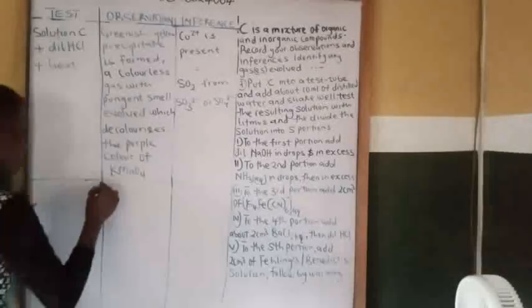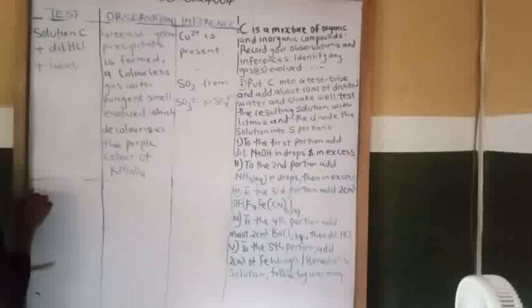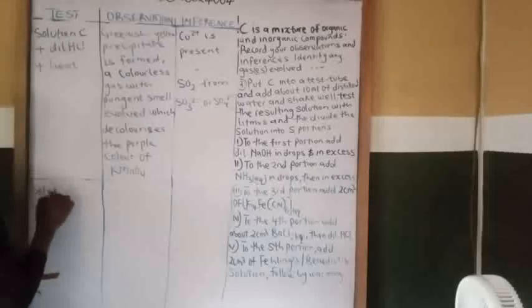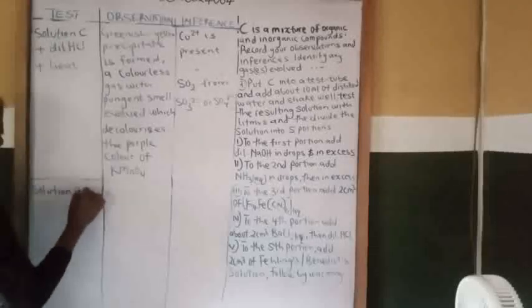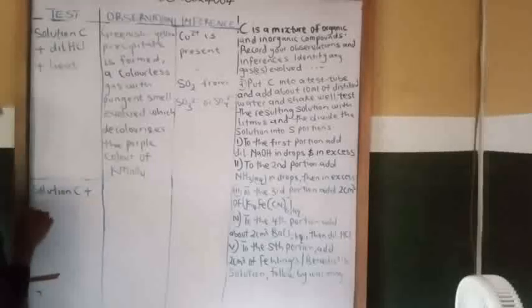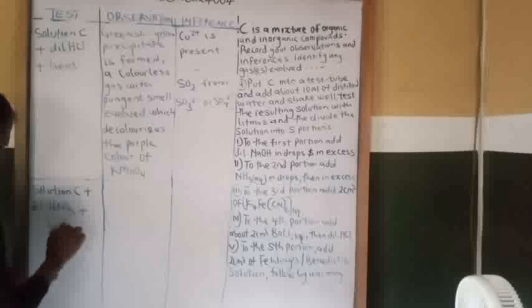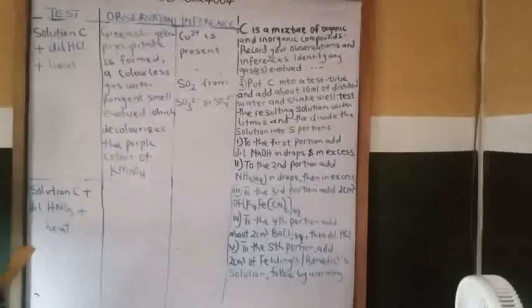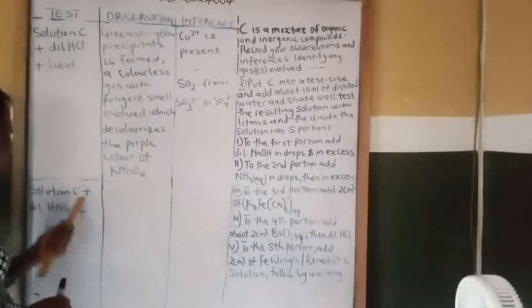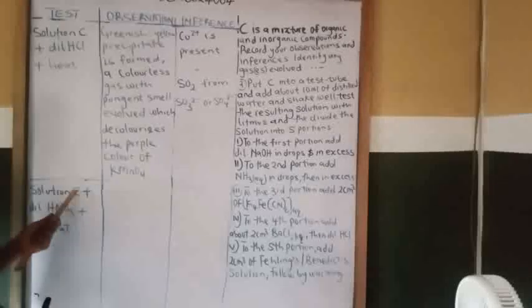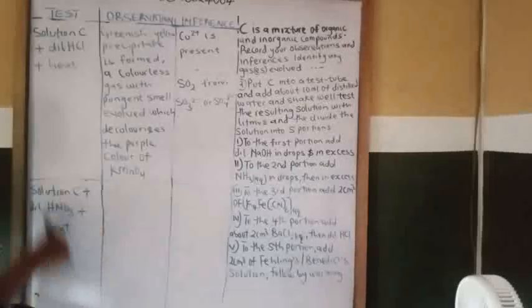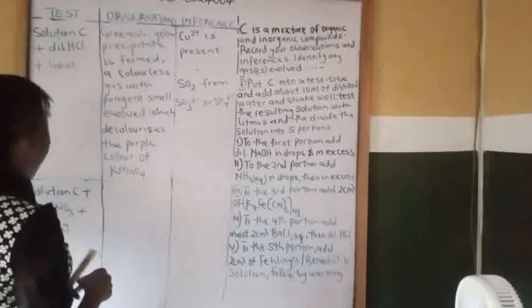So another one is reaction between solution C and dilute trioxonitrate 5 acid, then plus heat. Once dilute trioxonitrate 5 acid is added to solution C, it will act on the copper sulfate present in that solution.